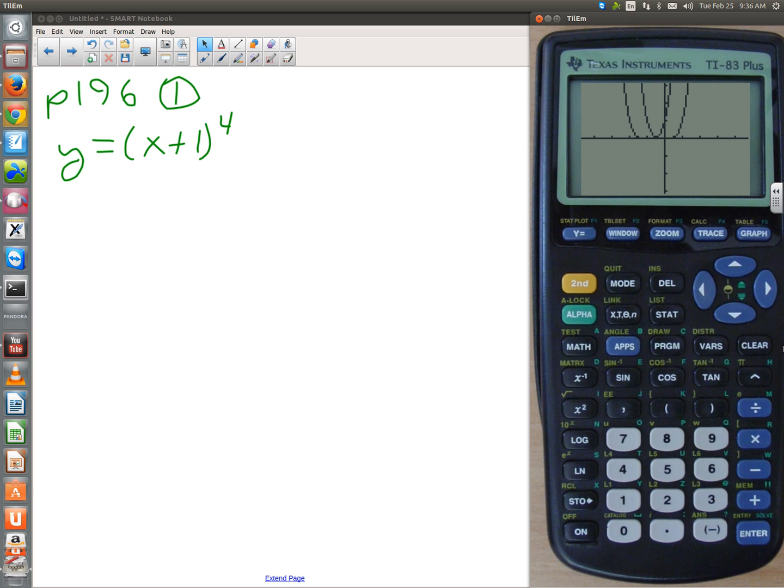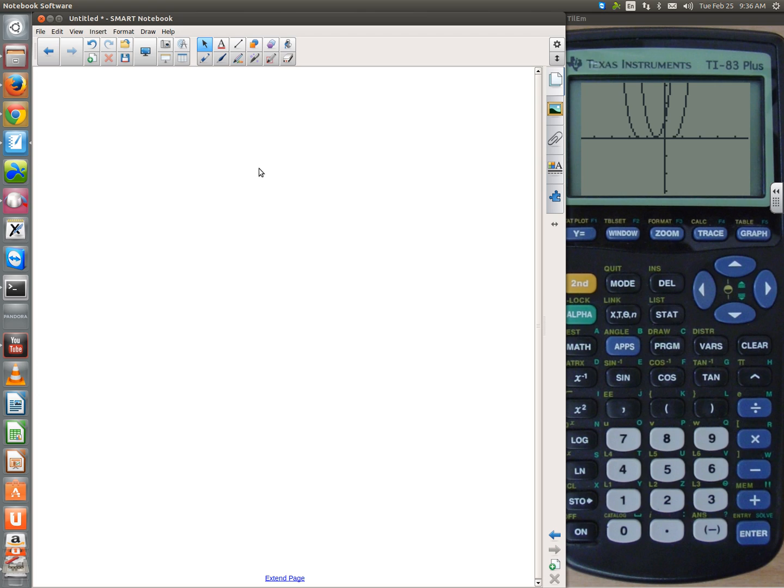What about number 9? Okay? Number 9 says graph x minus 1 to the fifth plus 2. Okay. All right, so let's do number 9 from the homework page.